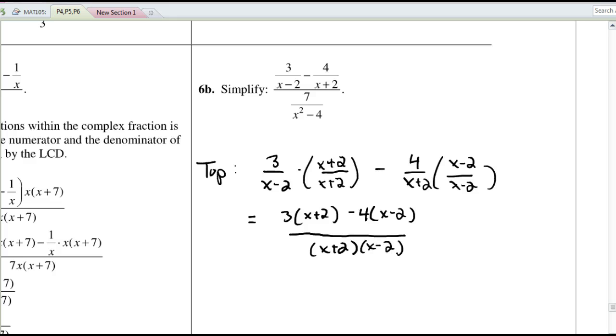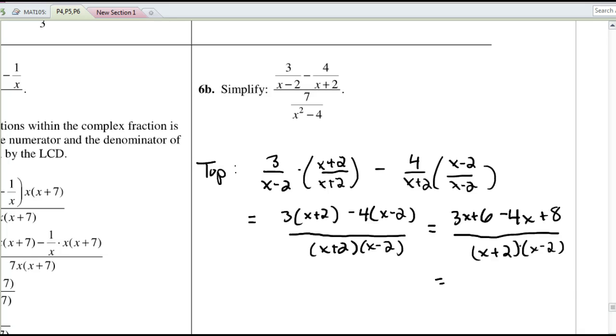And if you're looking ahead, you might notice that the bottom fraction, x squared minus 4, is really a factored version of x plus 2 times x minus 2. So when you combine, let's see if we can get anything fancy to happen. 3x plus 6 is going on top, and then when you distribute, minus 4x plus 8, and then we're dividing by x plus 2 times x minus 2.